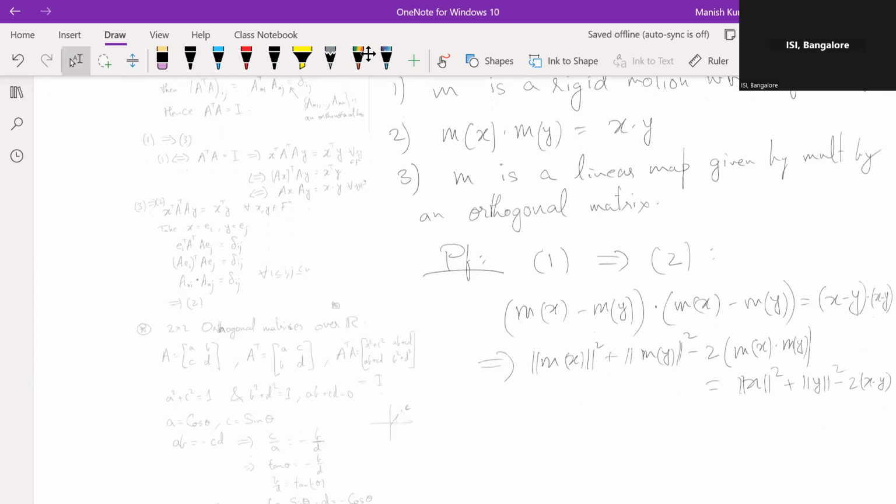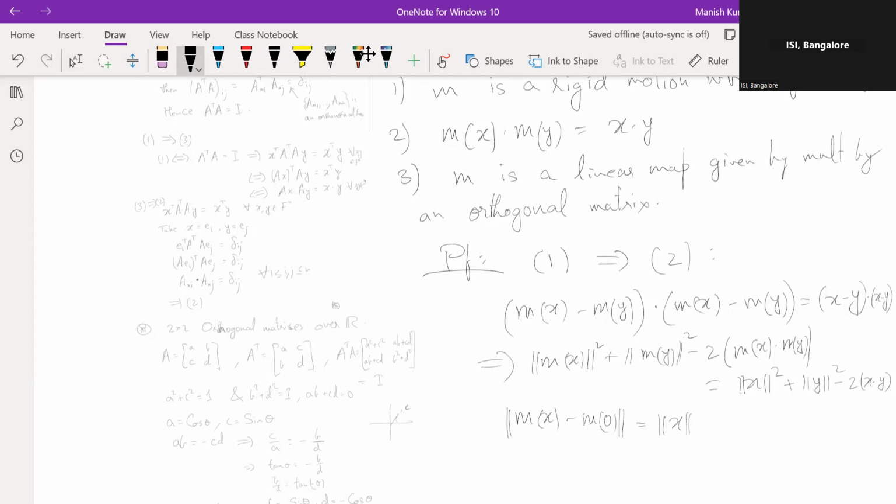But remember, the length of Mx and the length of x must be the same, because M fixes 0. So Mx minus M0 has length the same as the length of x minus 0, which is the length of x.